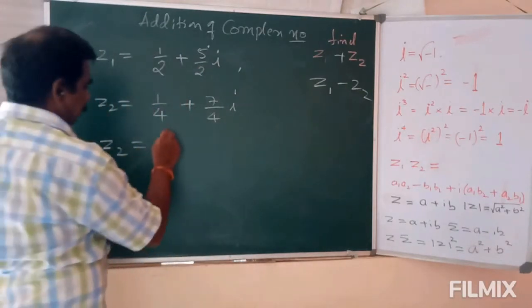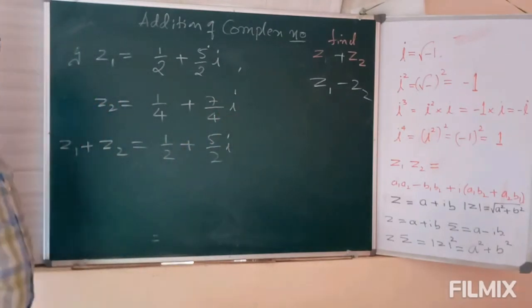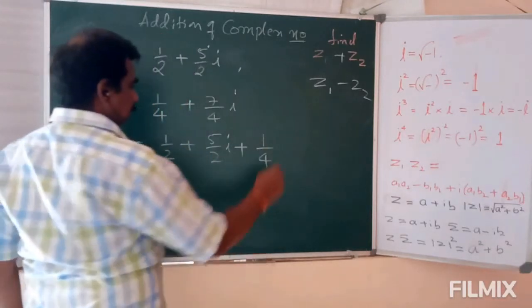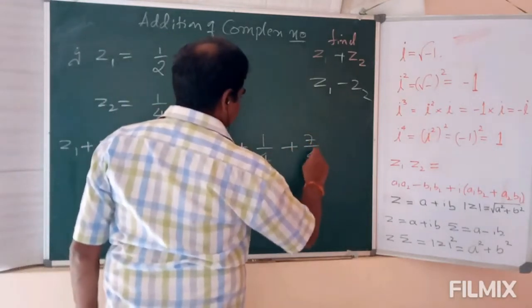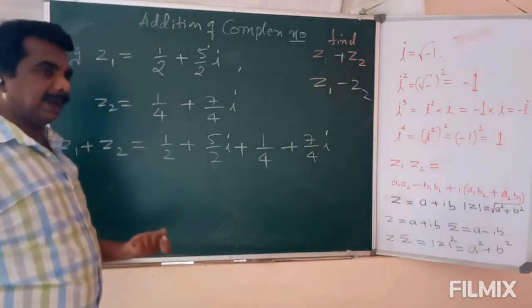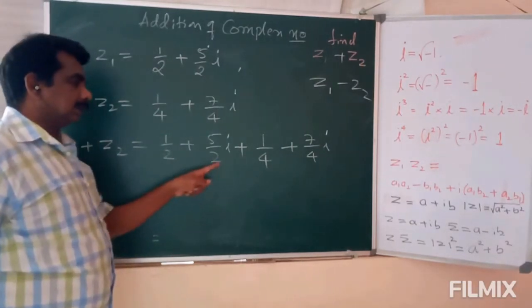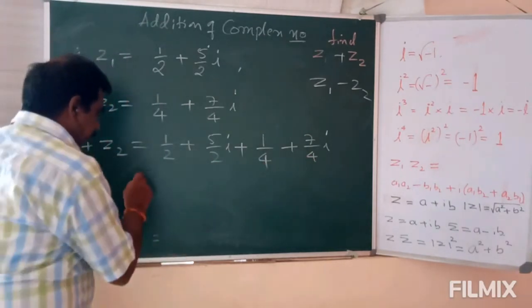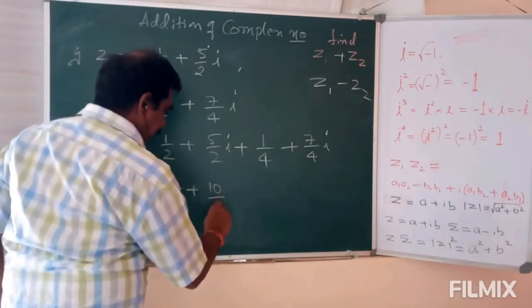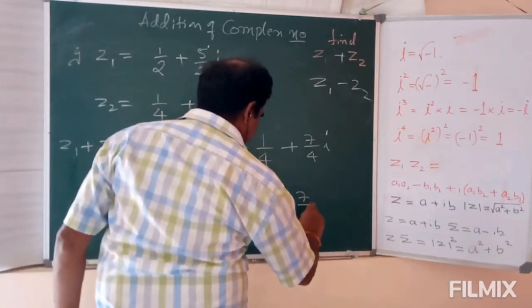Z1 plus Z2, 1 by 2 plus 5 by 2i, plus 1 by 4 plus 7 by 4i. I will show how to add with rational numbers. See, what is here 2? What is here 4? Multiply by 2 to get 4. 1 by 2 can be 2 by 4 plus 10 by 4i, plus 1 by 4 plus 7 by 4i.